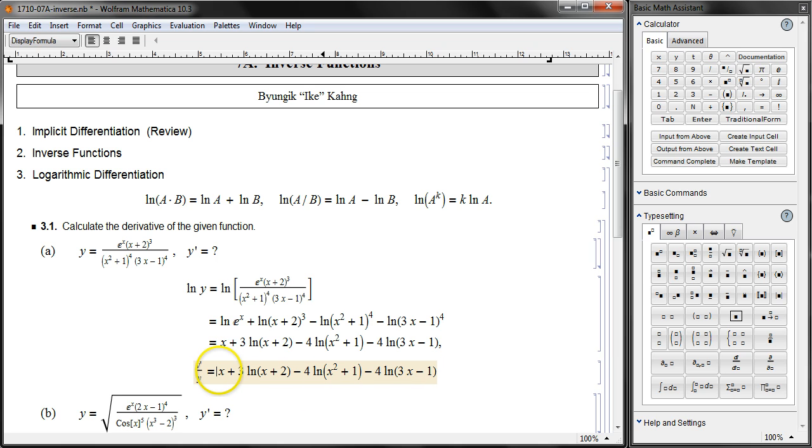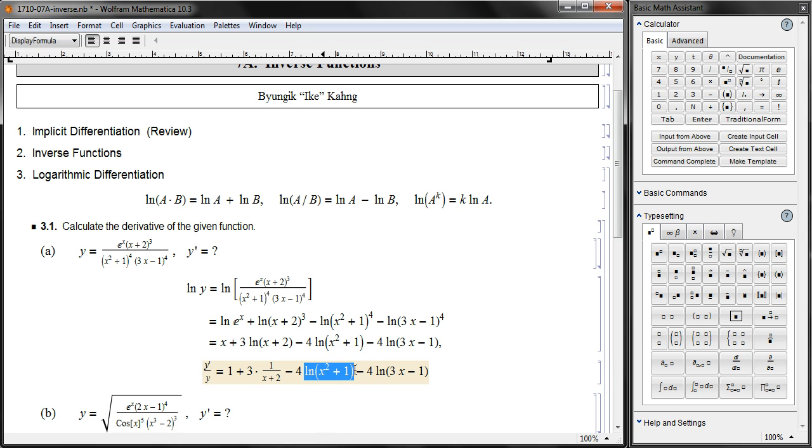Okay, what is the derivative of x? That's 1. So far so good. What is the derivative of log of x plus 2? It is 1 over x plus 2, multiplied by the derivative of the inside, that's just 1, so we don't have to do anything here.